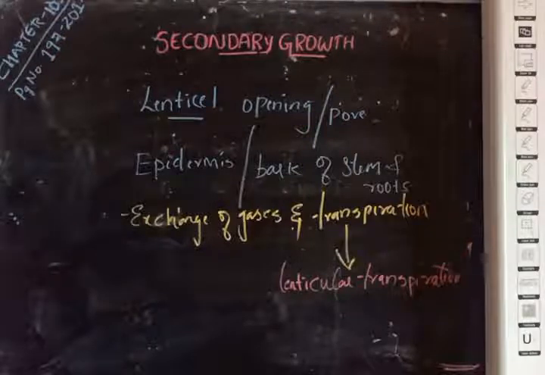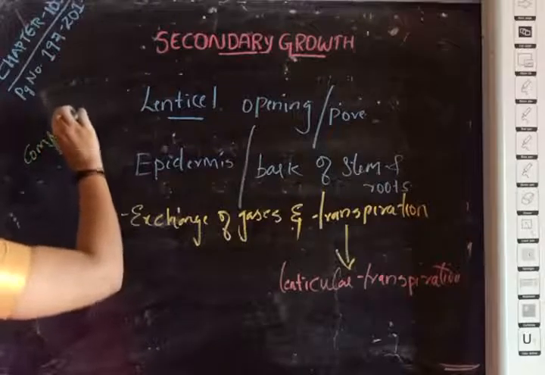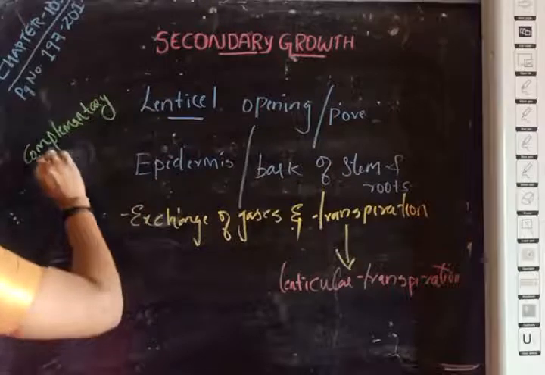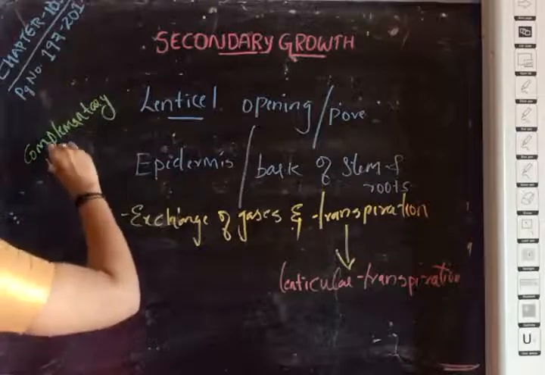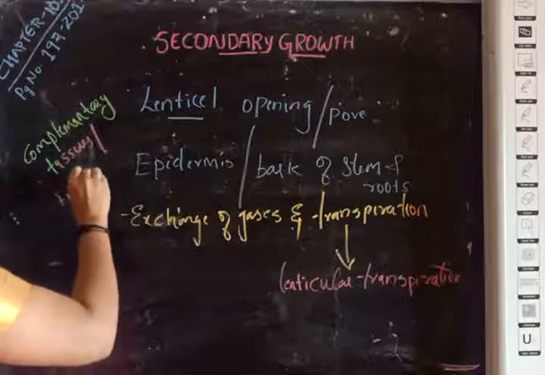When the phellogen is more active in the region of lenticels, a mass of loosely arranged thin-walled parenchyma cells is formed. Such parenchyma cells are called complementary tissues or filling tissues.